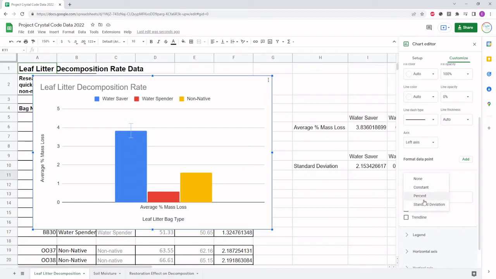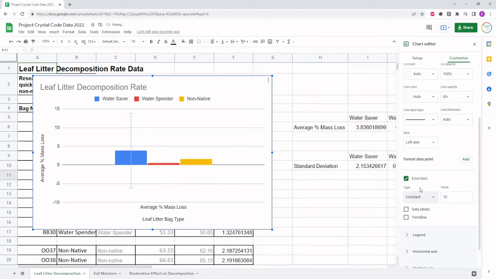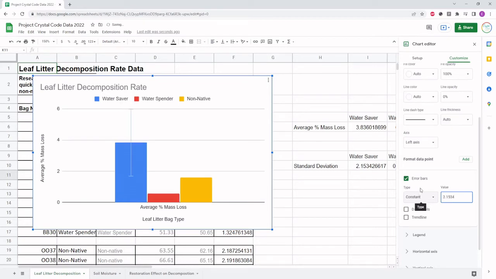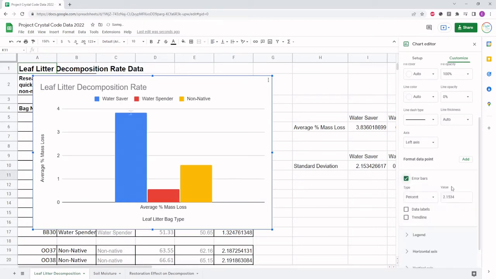We are not going to use the standard deviation that it has here, or Google Sheets will try to create one automatically that was shared between all of them. So I'm going to write in constant, and I'm going to take the standard deviation value that we measured. Right now it's currently set to 10, but as I can see here, our water saver has a standard deviation of 2.1534. I'm going to write a few numbers in.